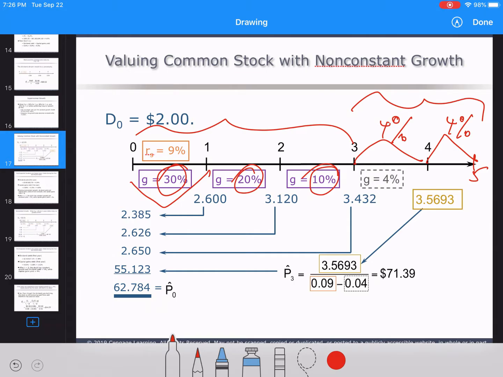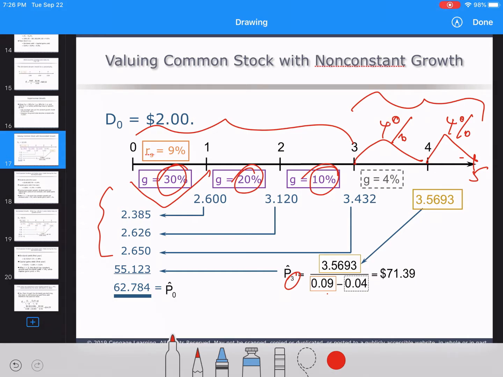So you apply the constant growth formula to the constant part, and then you apply the present value formula to the other parts. Here you see the constant growth starts at 3. Therefore, you can find out P hat 3. So P hat 3 would be D4 over R sub S minus G. That's 71.39.